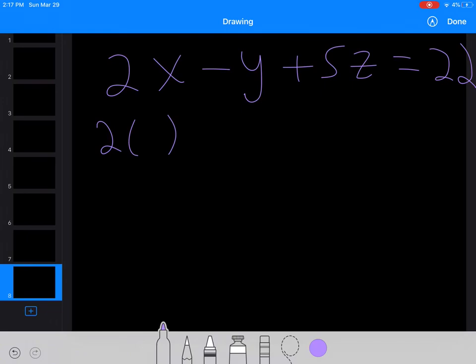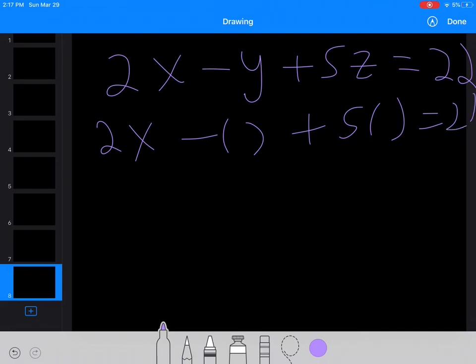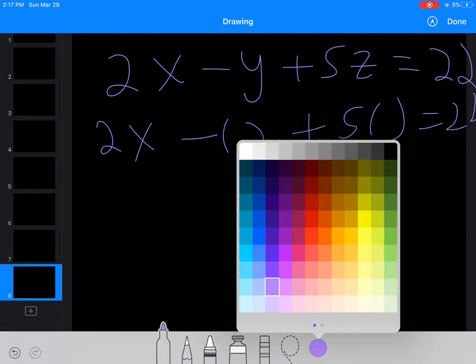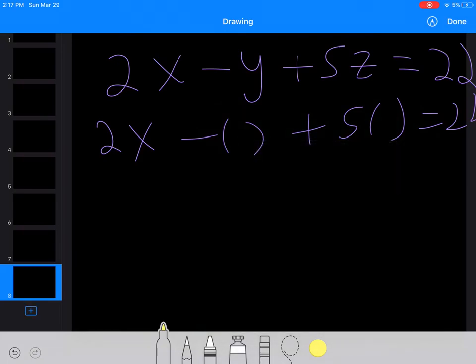So we're going to use our variables as parentheses and plug in our values. Okay, so we know y was -3, and z we solved was 3.